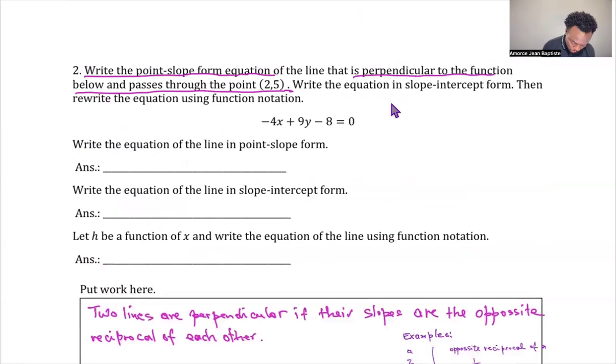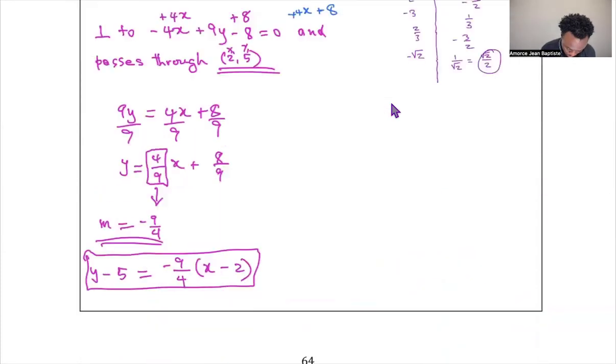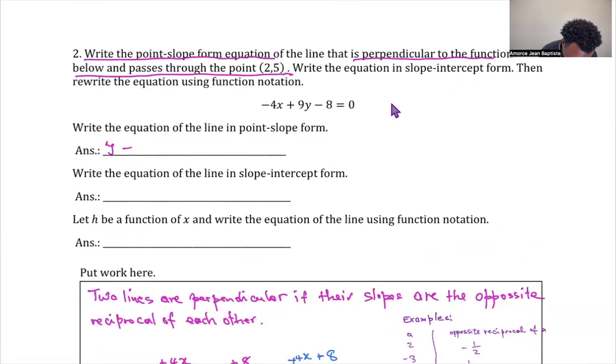We have the point slope form here. It asked me to find the point slope form.